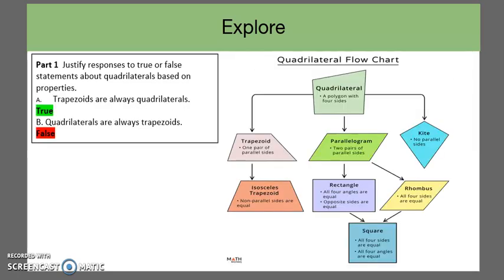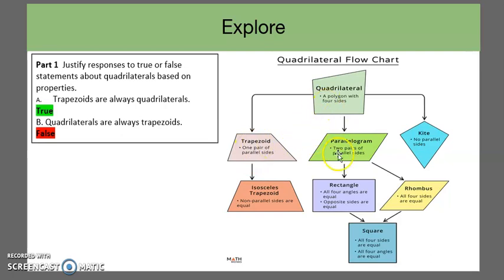Okay, so when looking at this, trapezoids are always quadrilaterals. That is true. When we're looking at a trapezoid, it falls under the umbrella of quadrilaterals. So all types of trapezoids are quadrilaterals. If we say the opposite, all quadrilaterals are trapezoids, that wouldn't make sense because quadrilaterals could be any of these combinations.